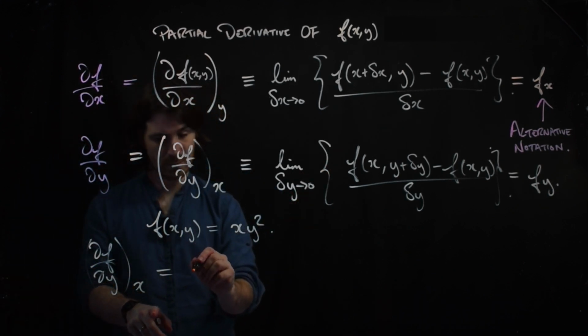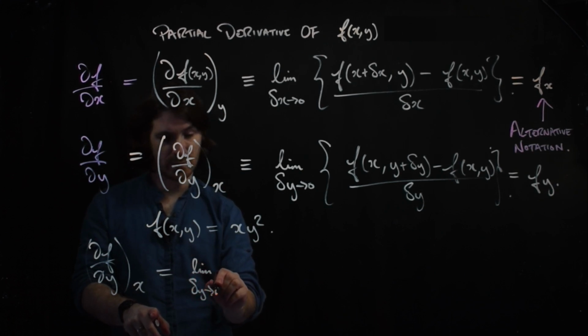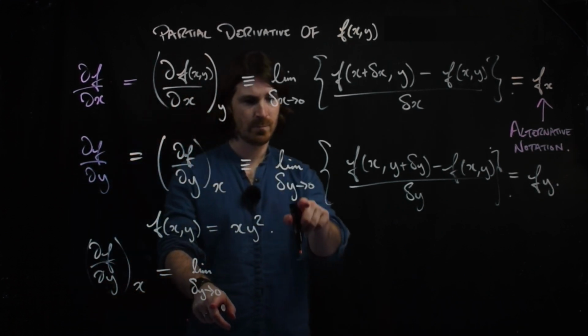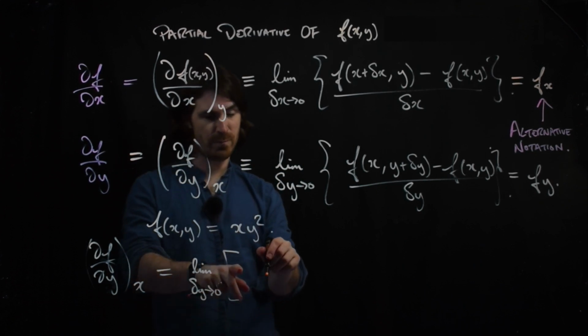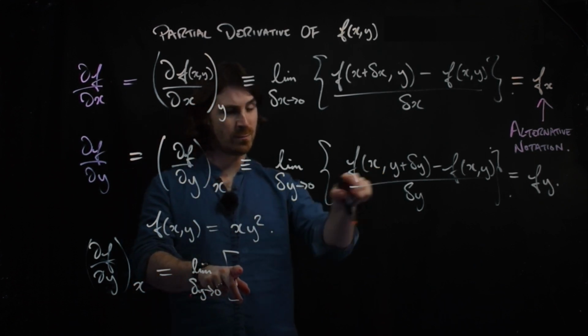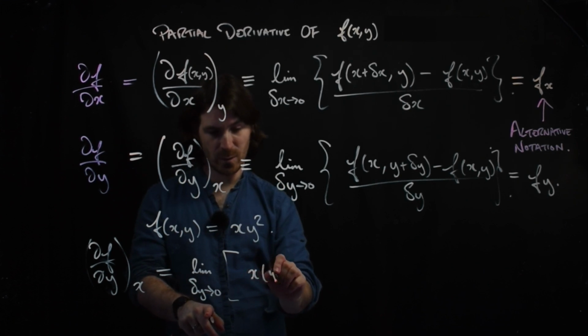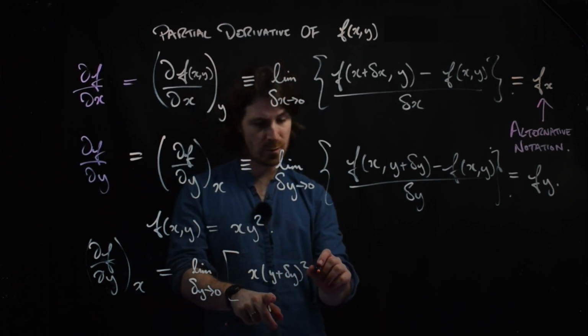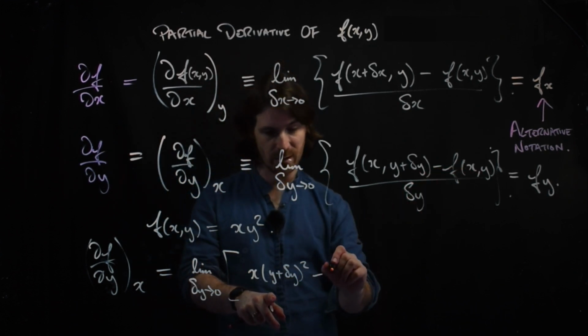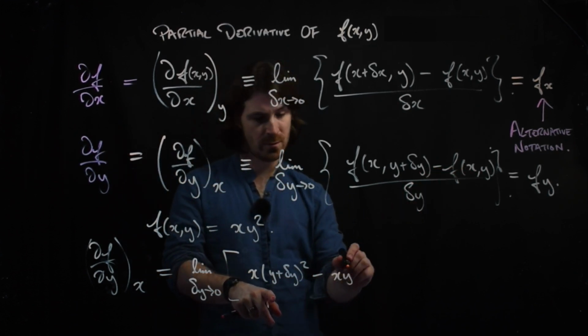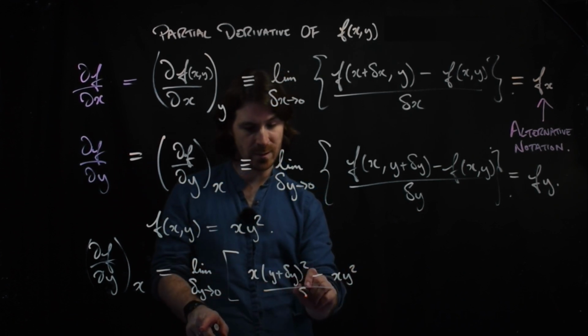It's the limit as delta y goes to 0 of the function f of x, y plus delta y, so we've got x times y plus delta y squared, minus f of x, y, so x y squared, over delta y.